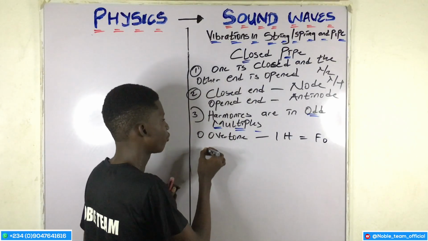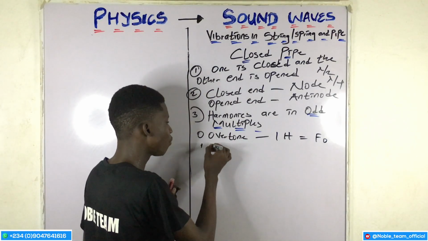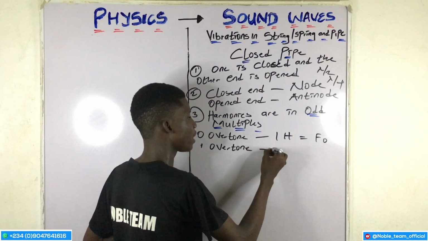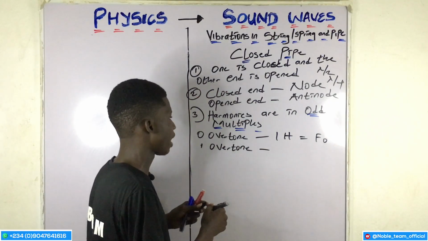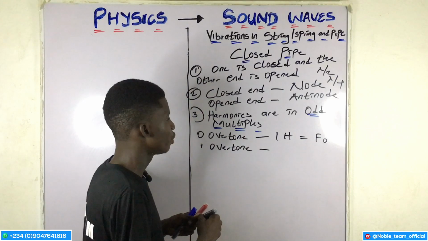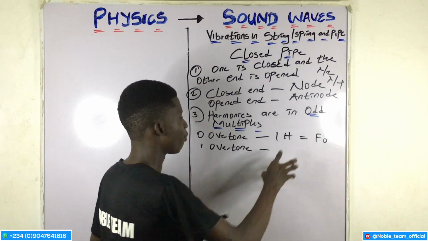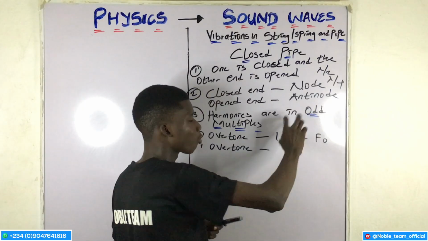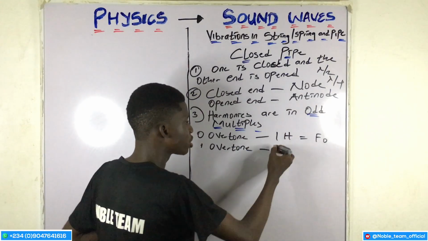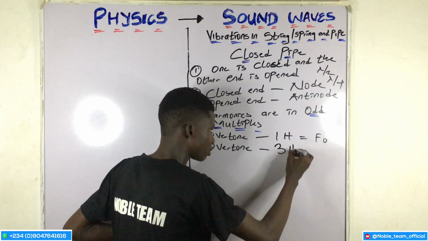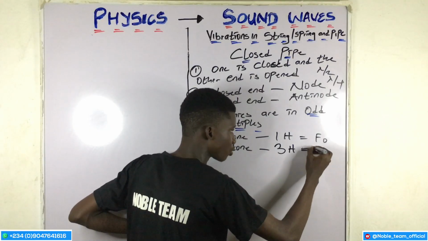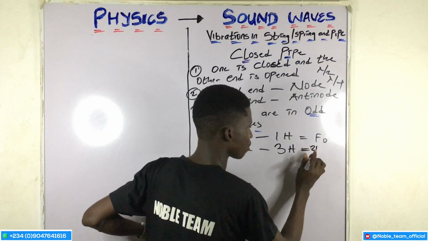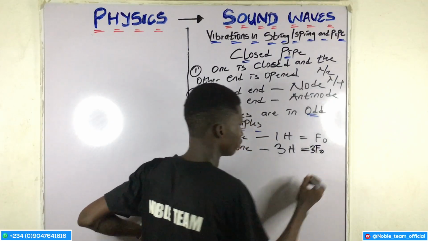The next one is 1 over 2. Remember that this harmonic is going to be odd multiples, so the next number is going to be 3, which is equivalent to 3 times the fundamental frequency.